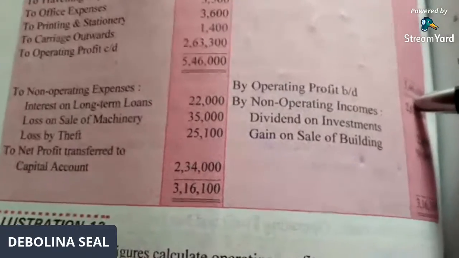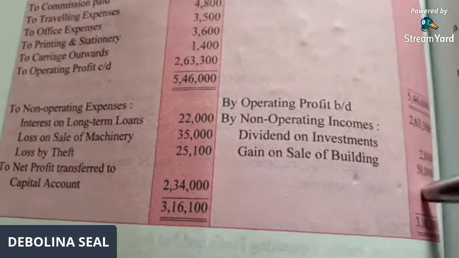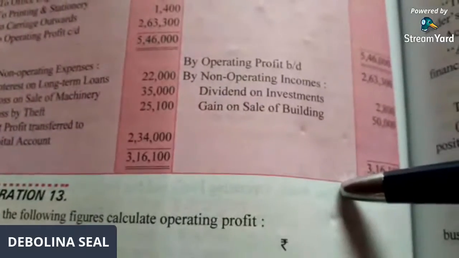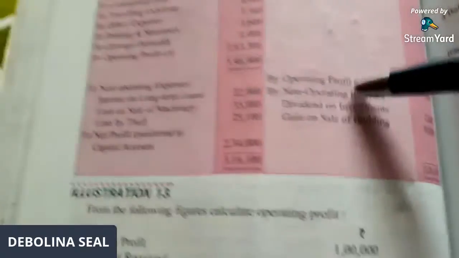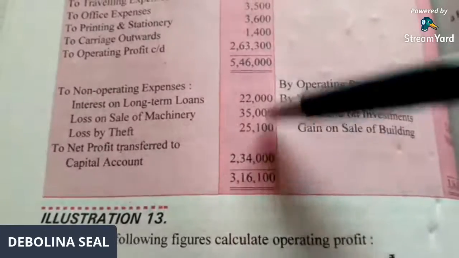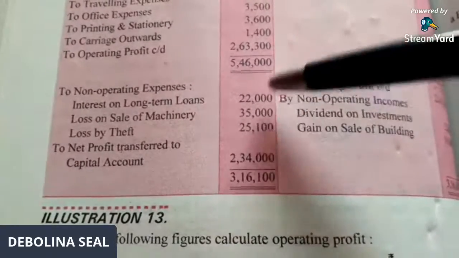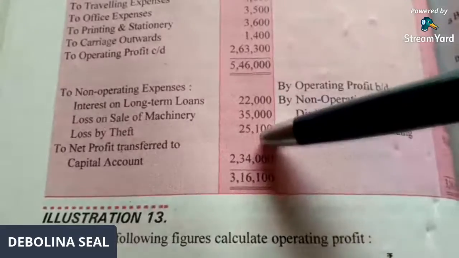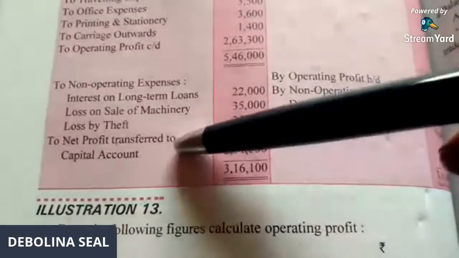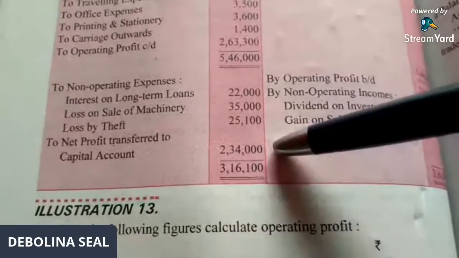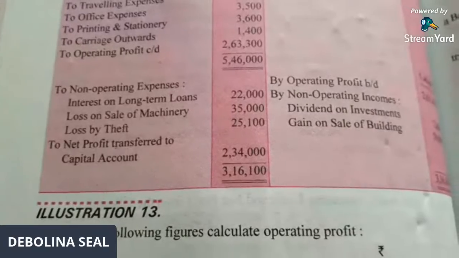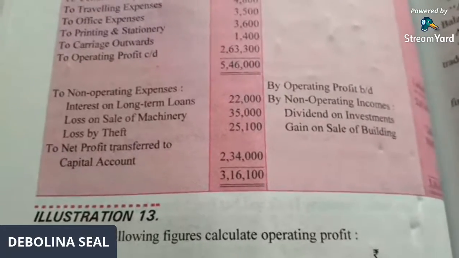With operating profit you are adding the non-operating income, so that comes to 3,16,100. From there you will subtract these three non-operating expenses, then you get net profit. How much is the net profit? 2,34,000.